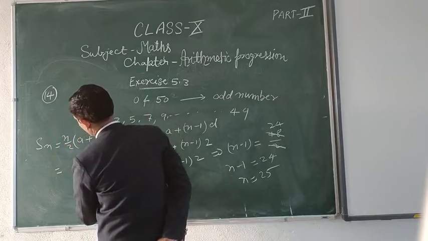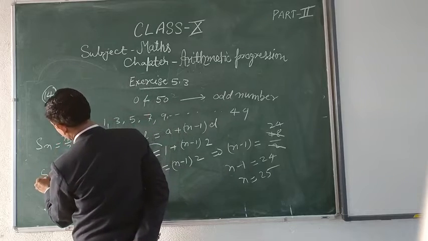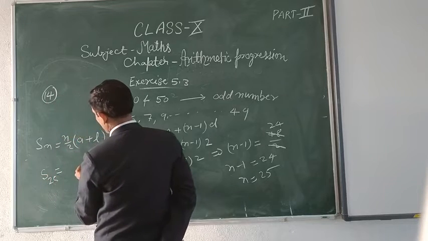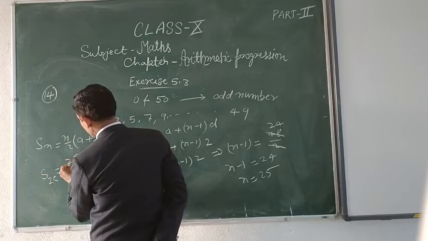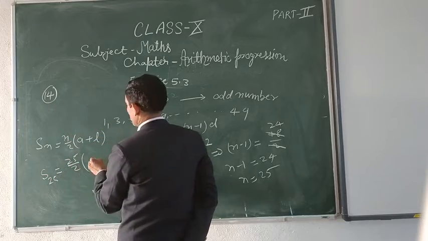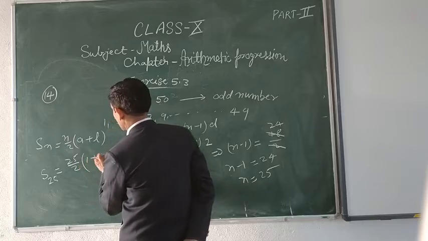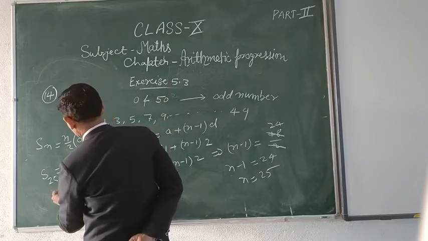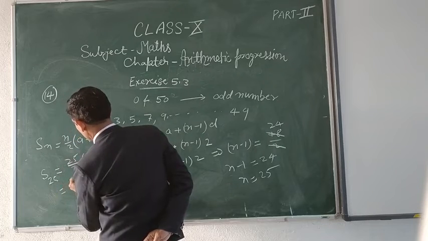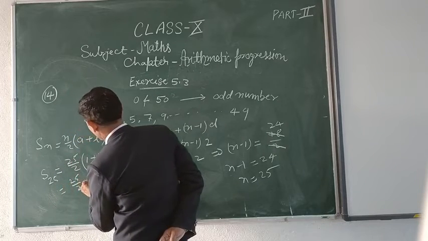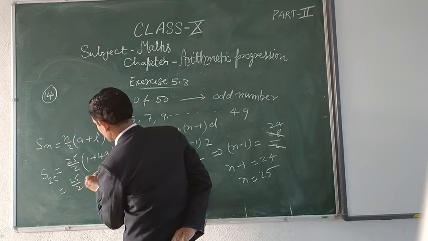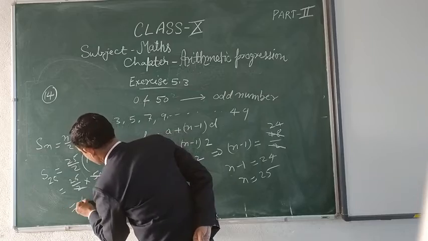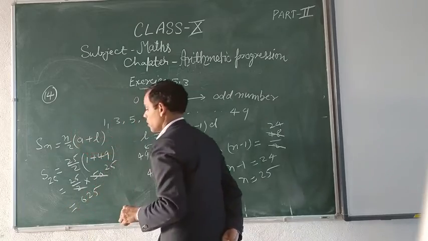So n means 25, 25 by 2 in bracket 1 plus 49. So this will be 25 by 2 into 50. So after cutting, it will be 625. Okay.